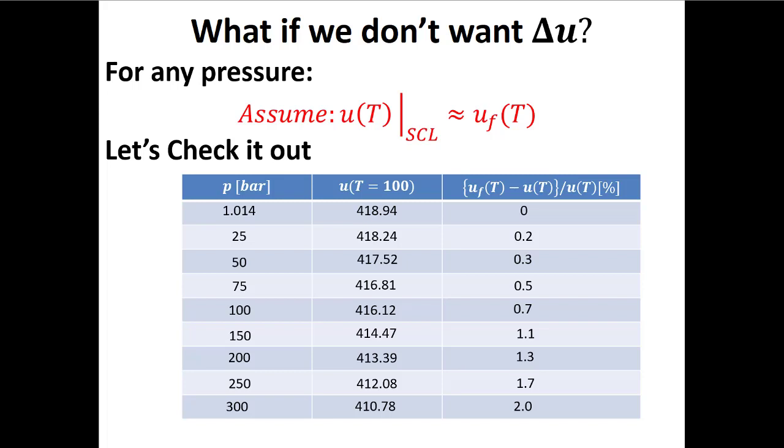So here you can assume that the specific internal energy of a subcooled liquid at a given temperature is approximately equal to the specific internal energy of that same fluid if you took the saturated liquid at that same temperature. This is not just true for specific internal energy. You can make this same approximation for specific enthalpy, for specific entropy, and for specific volume.